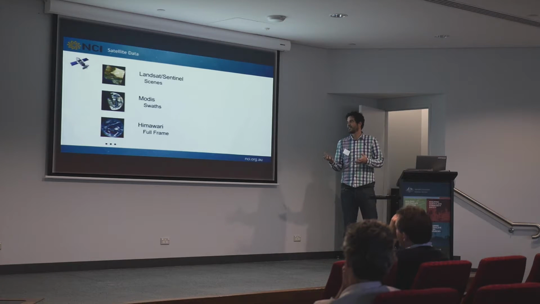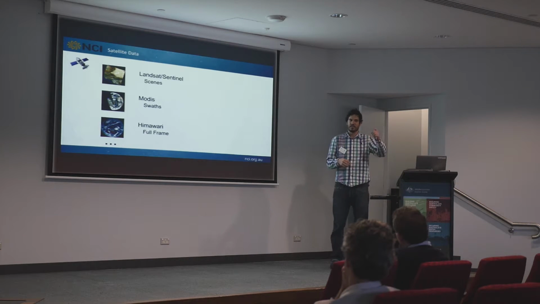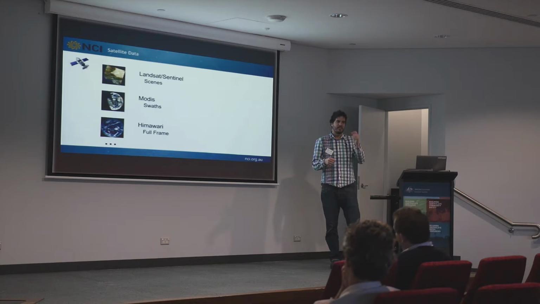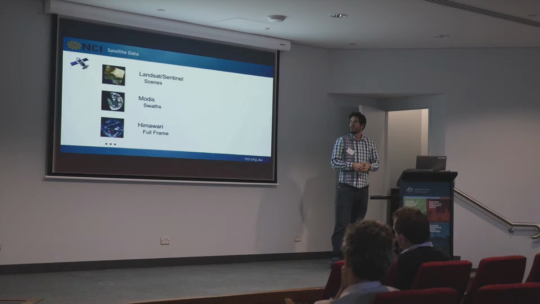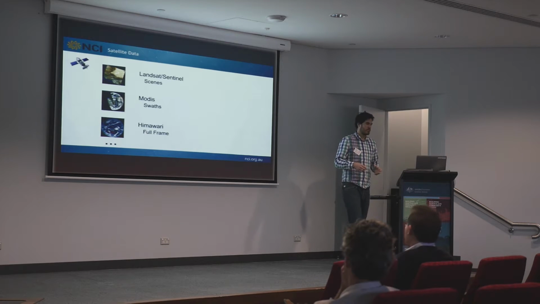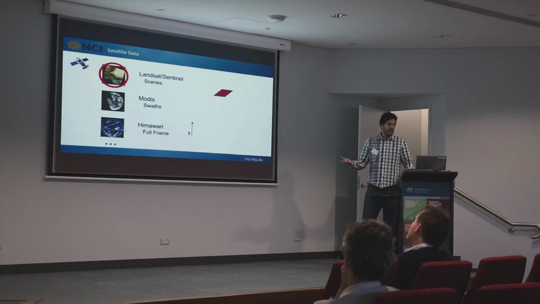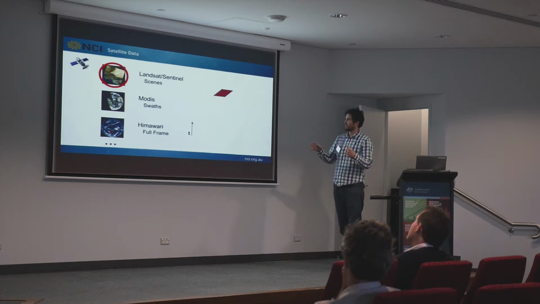There are satellites that produce data in swaths, north to south, for polar orbiting satellites. Others are not as high resolution but are called full frame, and an example is Himawari.